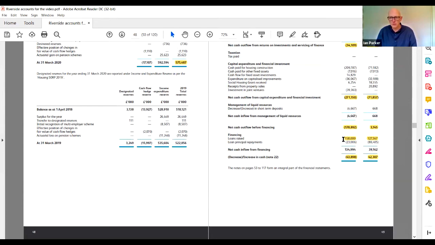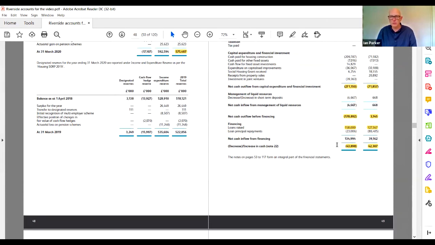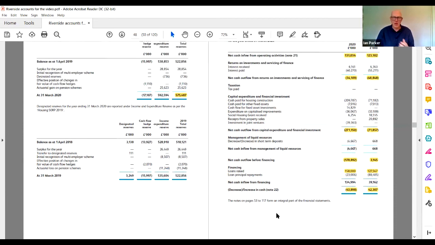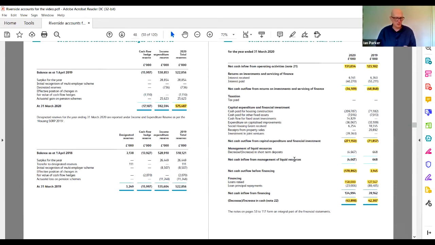Loans have been taken on for 158 million and have repaid loans of 23 million as well. So overall, between the 2 years, cash has gone down by nearly 44 million. Cash flow is so important to a business, any business. Social housing providers are no different than any other business that you'll come across.